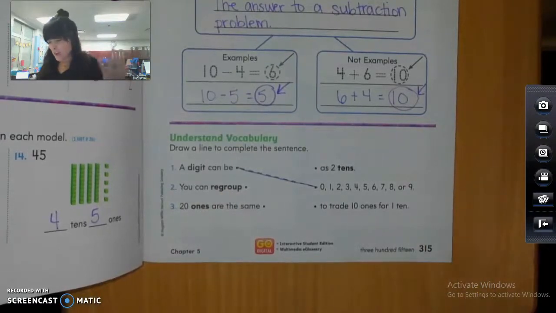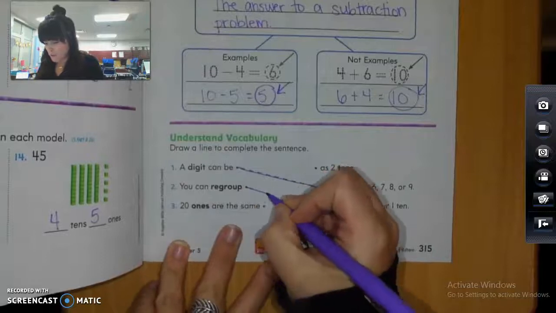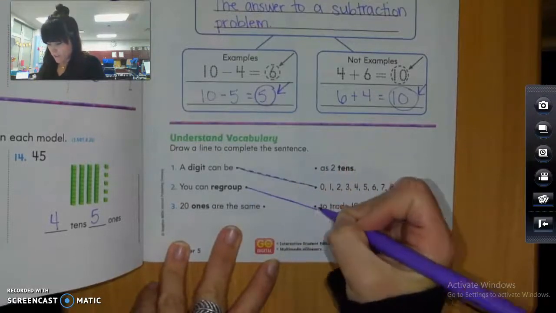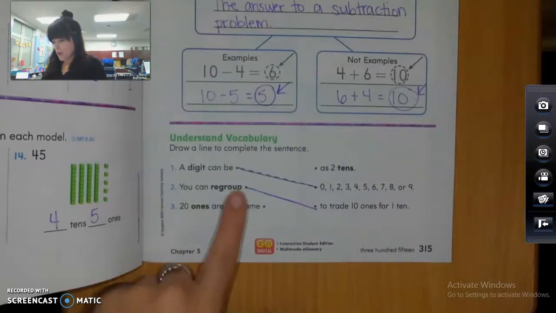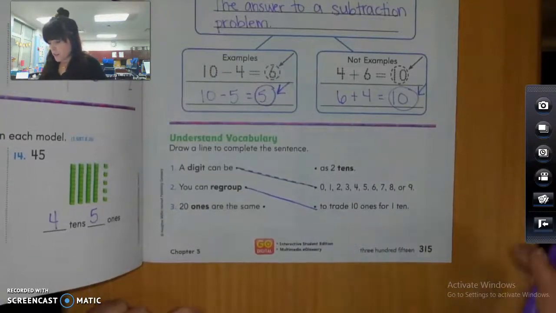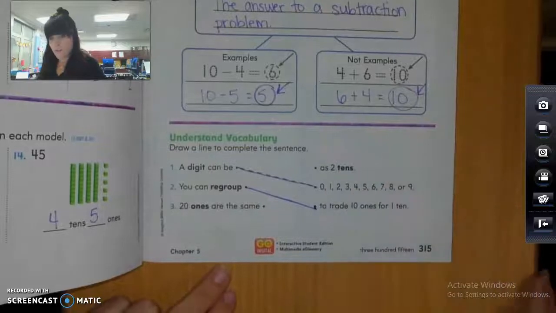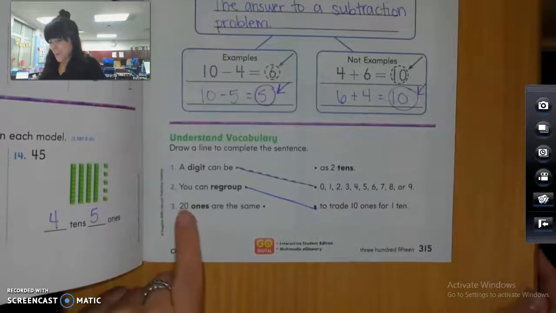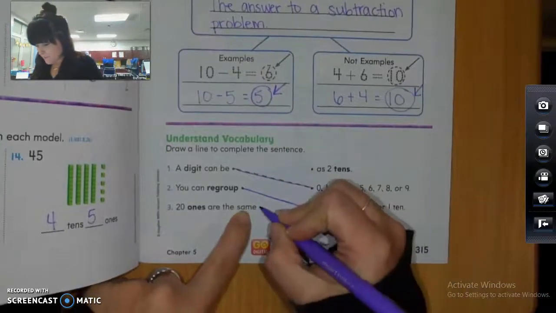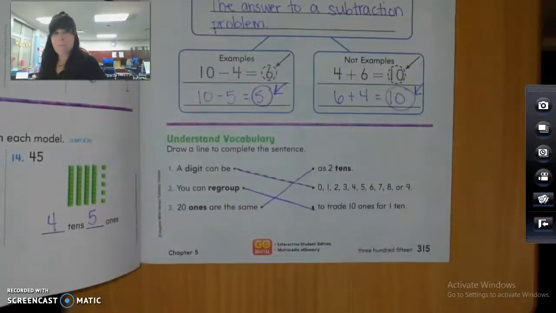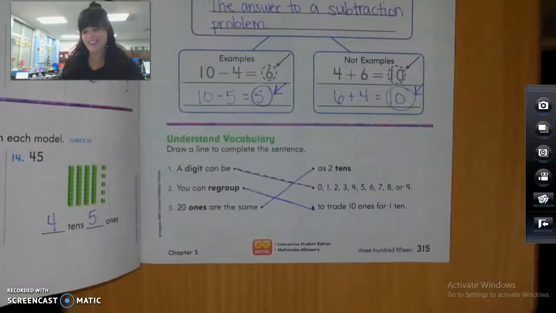Trade, right? To regroup is to trade. So we're making some sort of trade. I'm going to connect those two together. Regroup is to trade 10 ones for 1 ten, or at least pretty close. There we go. Now it's connected. 20 ones are the same as 2 tens. Boom. Got it all done.